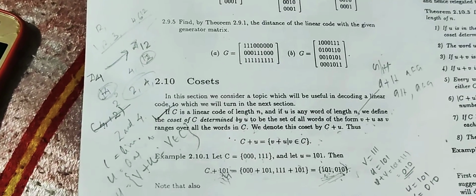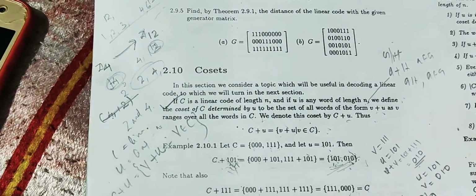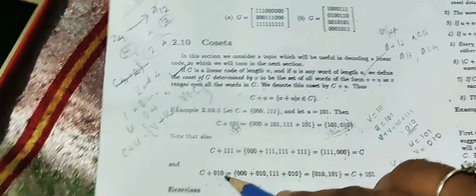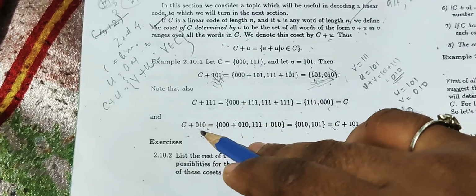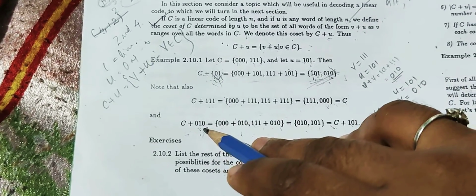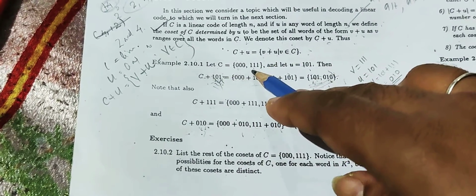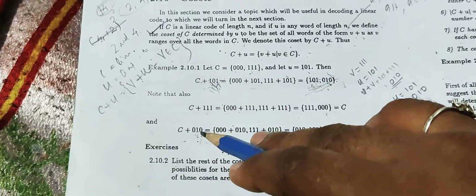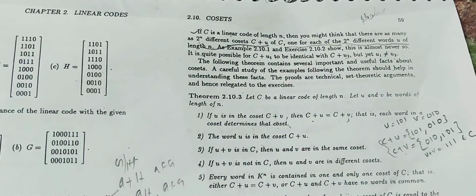So 101 plus 010, what will we get? 111, which is a word in C. So these cosets are the same. Clear? So U and V are in the same coset.